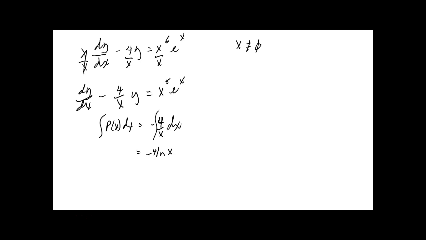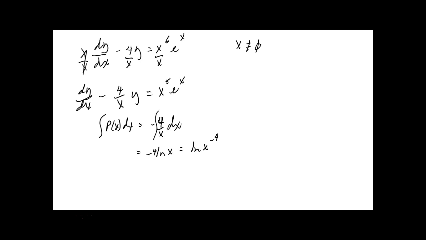Now, what's the next thing we're going to do with that? We're going to exponentiate it, but before we do that, let's get a pure log. So let's write that as log x to the minus 4 power. Rule of logarithms: if you have a coefficient out in front, make that the exponent of the argument.